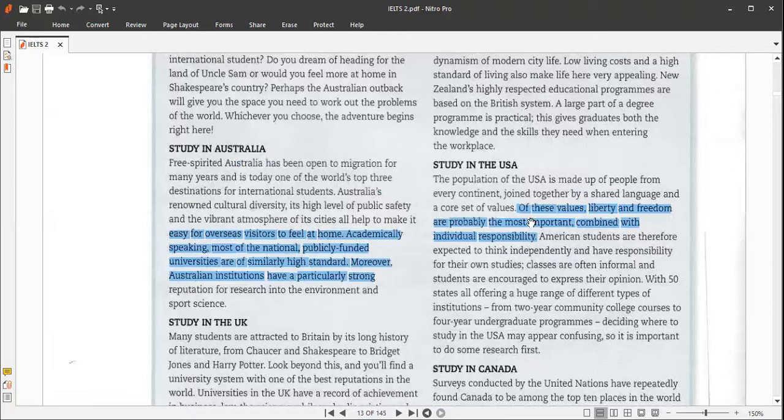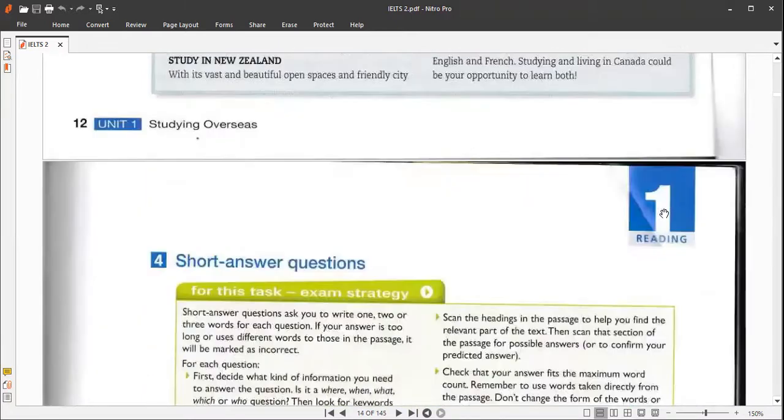So the ones said to be the most important here are liberty and freedom. So those are the answers. Liberty and freedom, you already have 3 words. Or liberty, freedom, well, 2 words there.